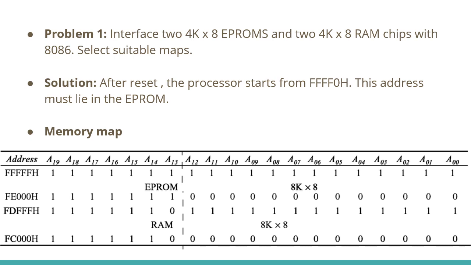So here there is a total of 8K bytes of EPROM needed. Two 4K x 8 EPROMs means there are a total of 8K bytes of EPROM. This total 8K bytes of EPROM needs 13 address lines. So we'll be using the lower 13 address lines for this, that is, from A0 to A12, since 2 raised to 13 is equal to 8K. So that is how we get the number 13.